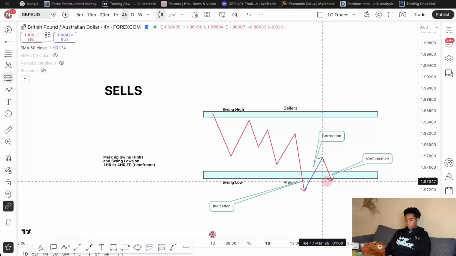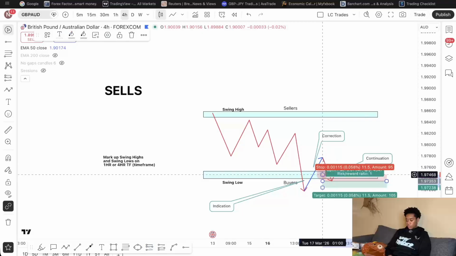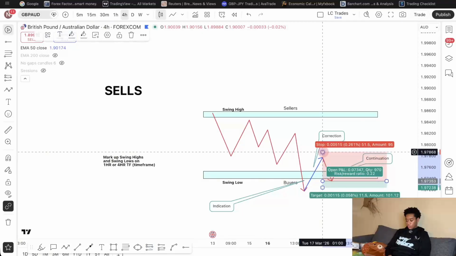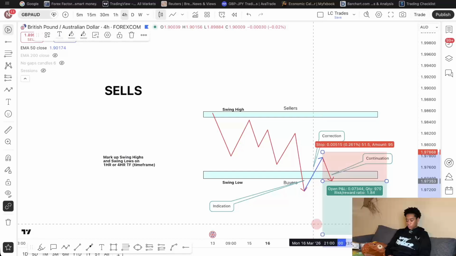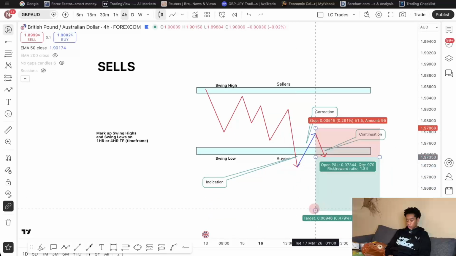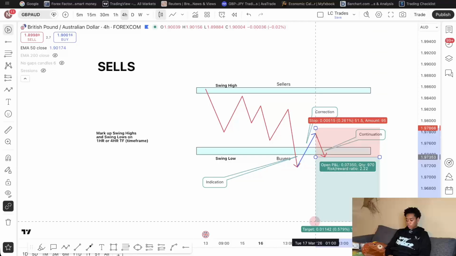That's the candle that closed below. Our stop loss is going to be a little above the correction, and our take profit is going to be where price previously was on the chart. Make sure for risk to reward purposes, it is a 1 to 2, 1 to 2.5, 1 to 3.